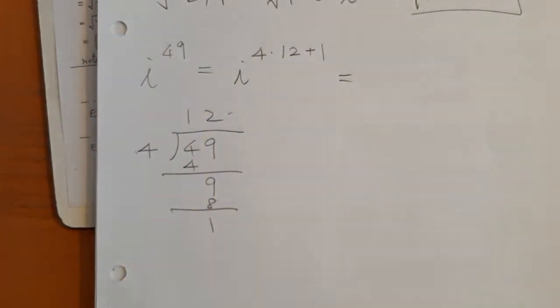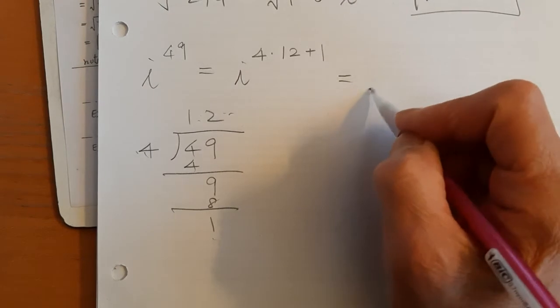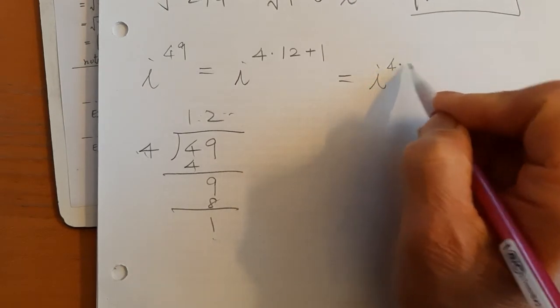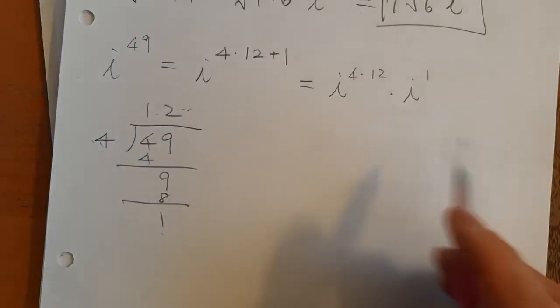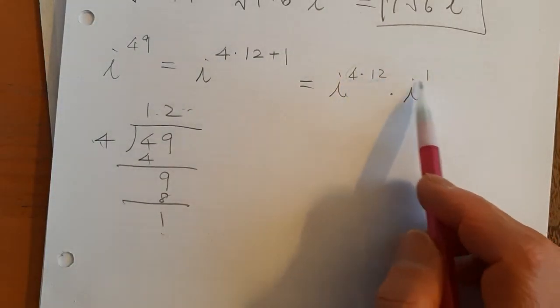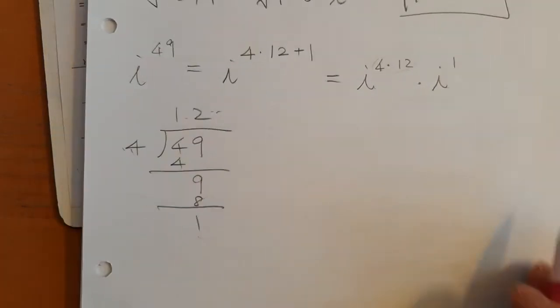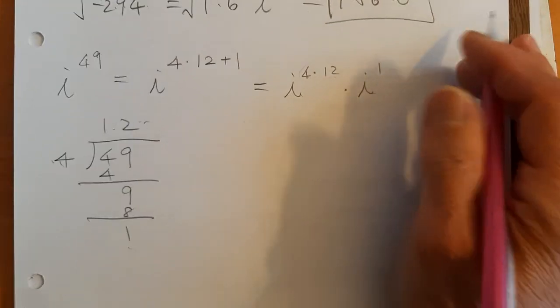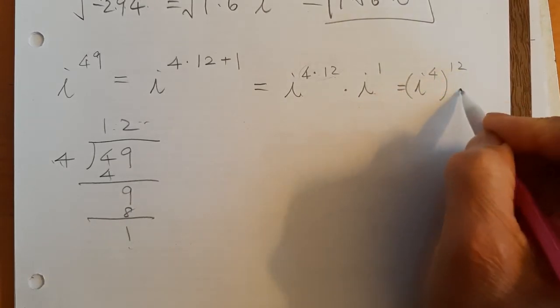So you can write this as i to the power 4 times 12 times i to the power 1. Because the same base is i, you add the exponents: 4 times 12 is 48, add 1, still 49. And you can write this as i to the power 4, to the power 12, times i.